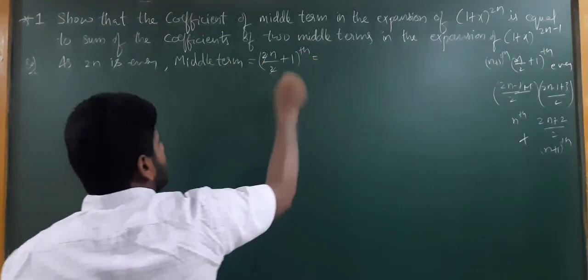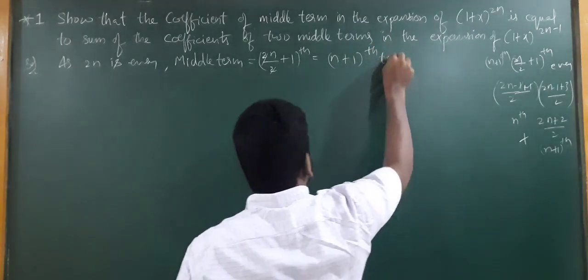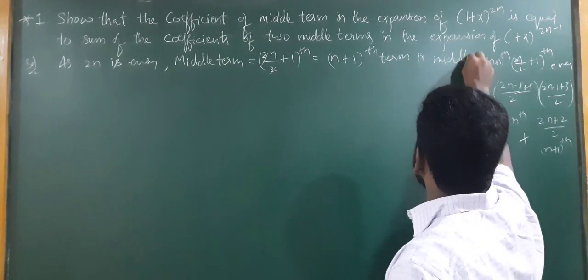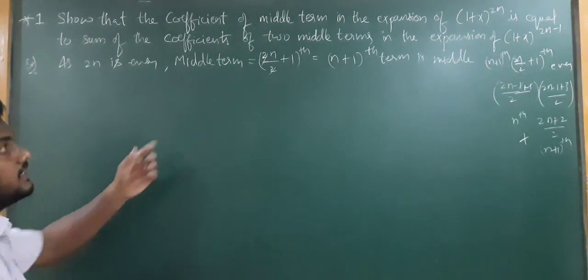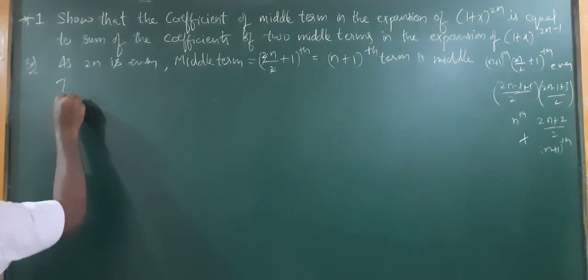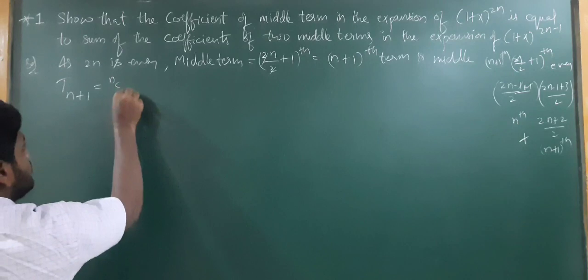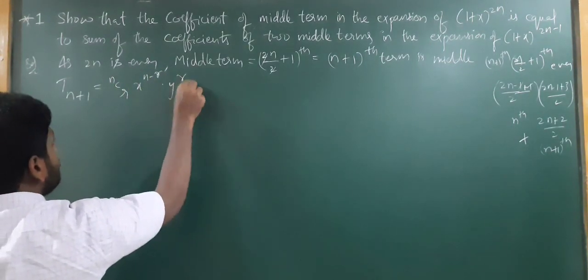The 2 cancels, which is equal to the (n plus 1)th term. What is that? It is the middle term. The (n plus 1)th term is the middle term. So we know how to find T(n plus 1). What is T(n plus 1)? Nothing but, see, I am writing the general form: nCr x to the power of n minus r into y to the power of r.